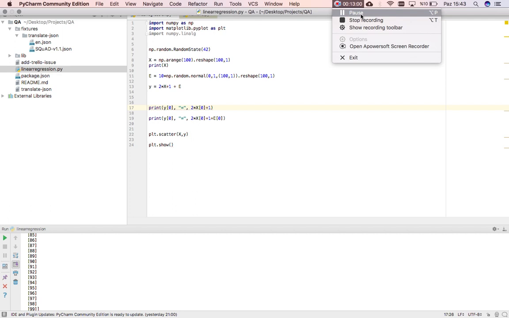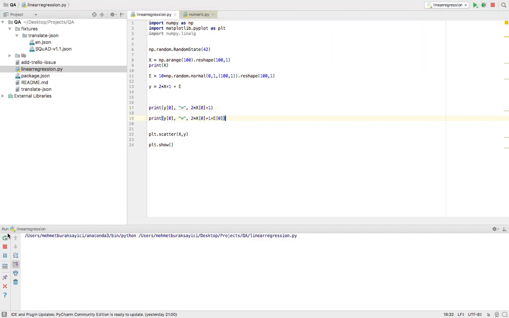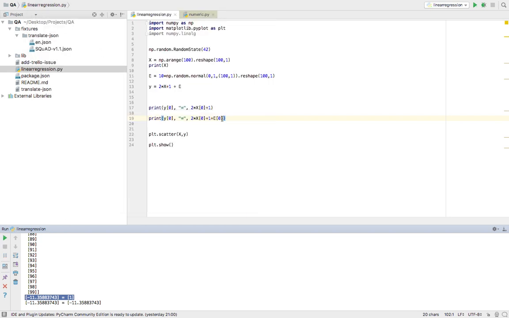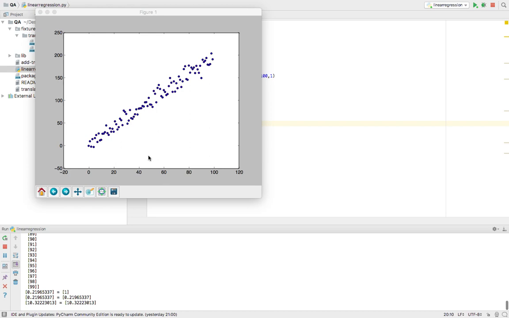When we run it, we will see that minus 11 is not equal to 1, but minus 11 is equal to minus 11. So the epsilon is for that. The epsilon includes the randomness in our data set. This is why the notation is like that.